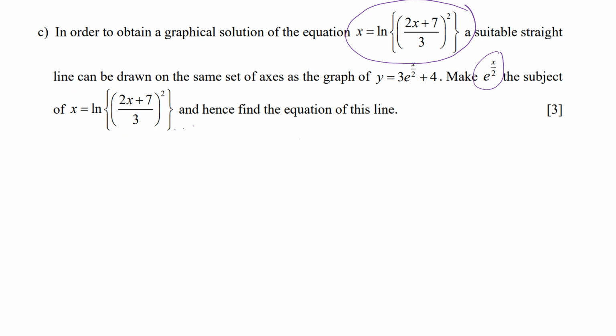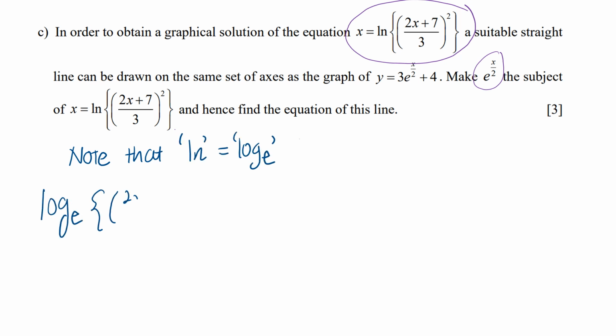But before that, something very important, and that is we need to convert your ln to log base e. Ln is natural log, and we need to convert to log base e. Why do we need to convert to log base e? Because we're going to convert it into the index form.